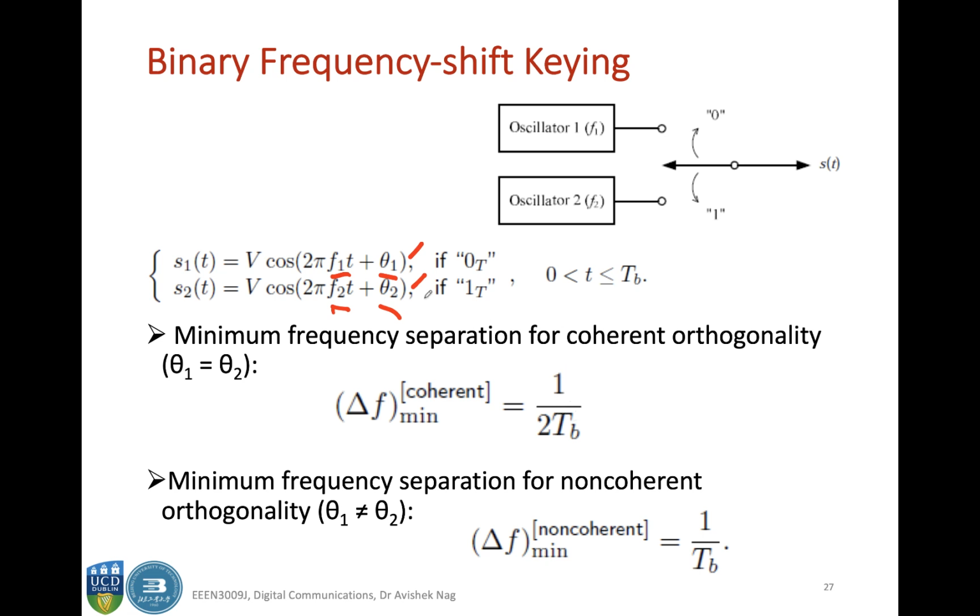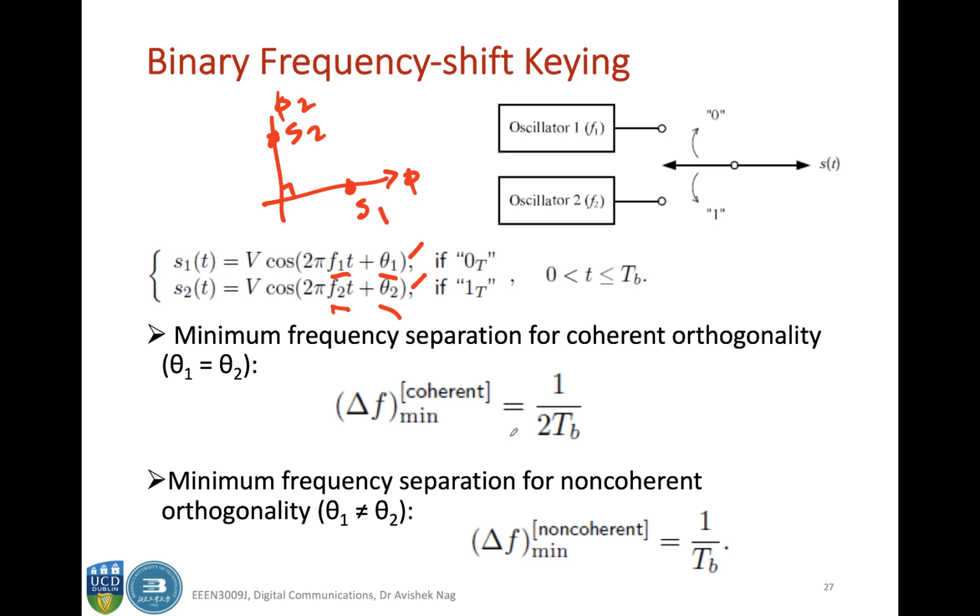Orthogonality means if we have, let's say, this is your phi 1 and this is your phi 2, and we want to represent signal S1 as this point and S2 as this, then they are perpendicular to each other.